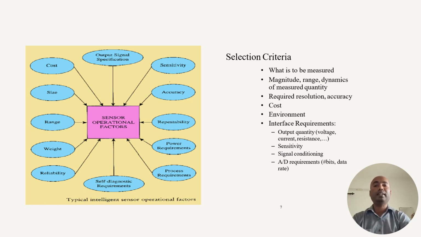Then signal conditioning: all the sensors require some signal conditioning and analog to digital conversion, everything is needed. While selecting the operational parameters of the sensors, the first thing is the sensitivity of the particular component.